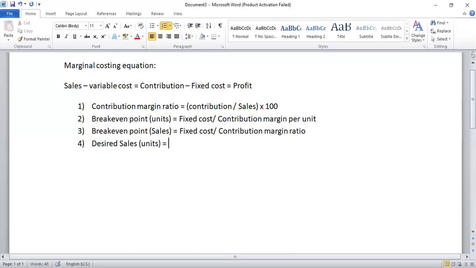The equation of the break-even point can be used, but the difference will be divided by contribution margin per unit.